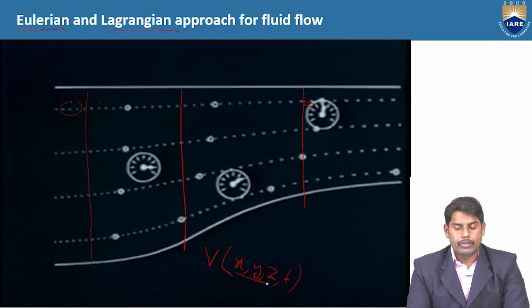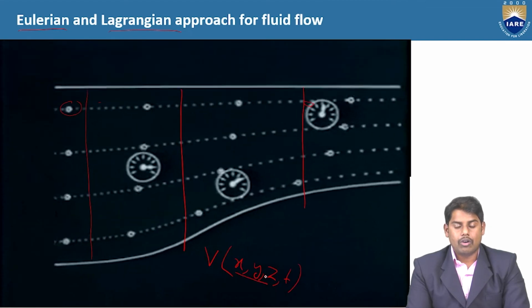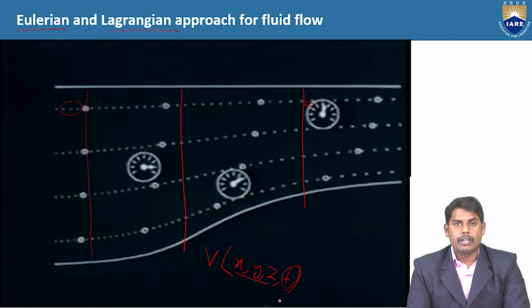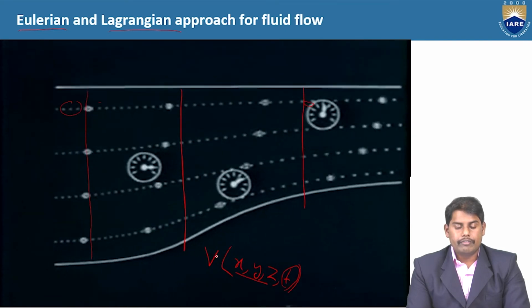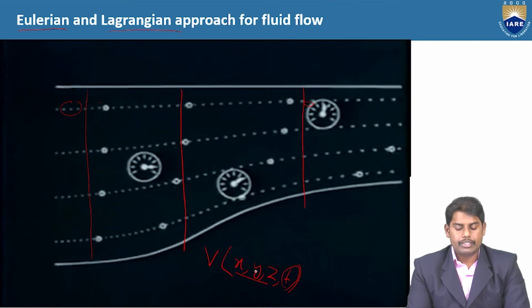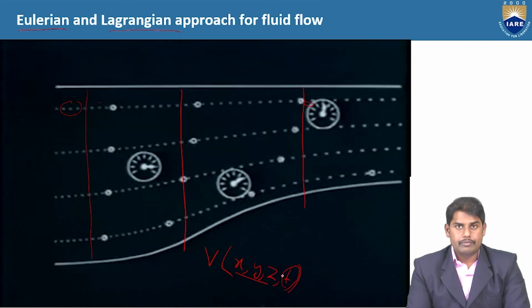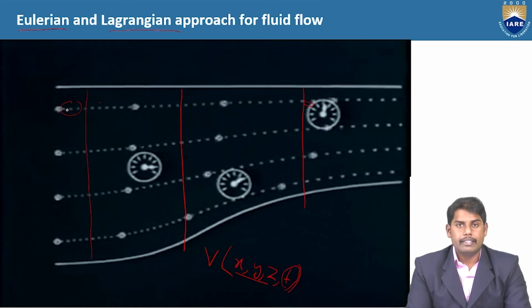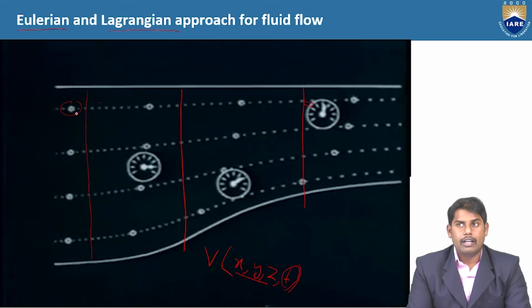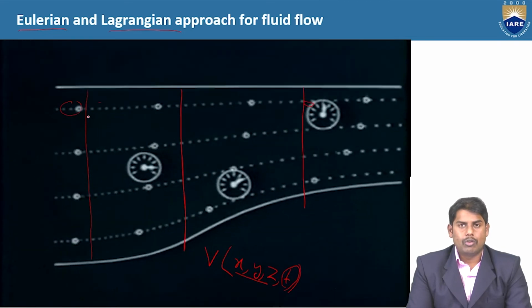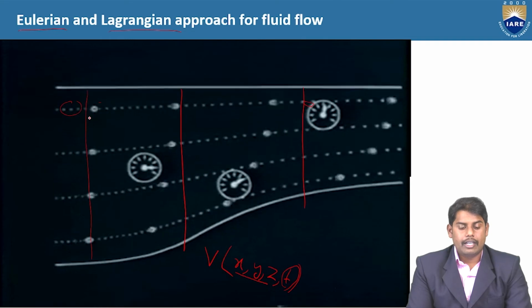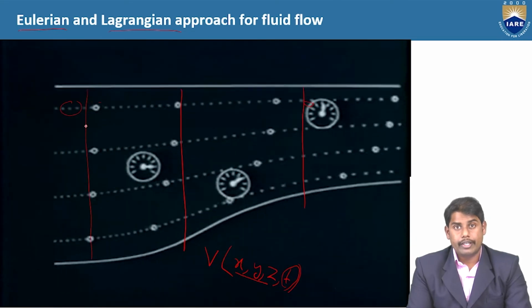The x, y, z are your space coordinates, and this is your time parameter. So you need to get the velocity of this fluid particle about x, y, z, and how it changes with respect to time.